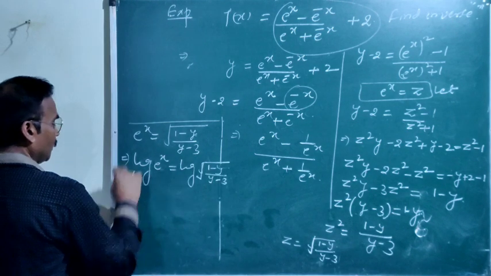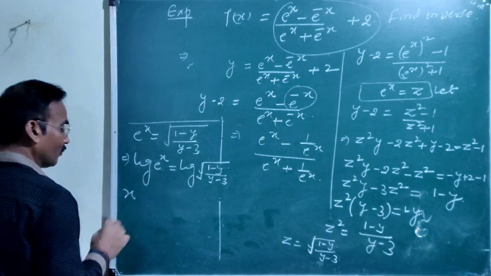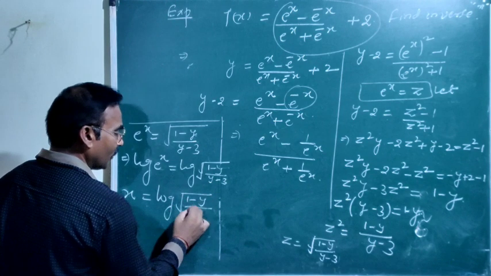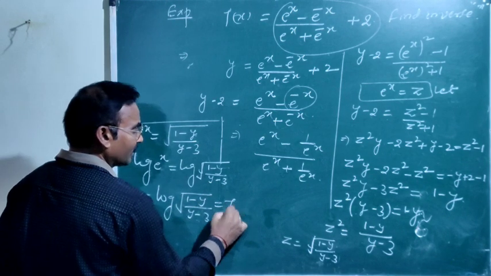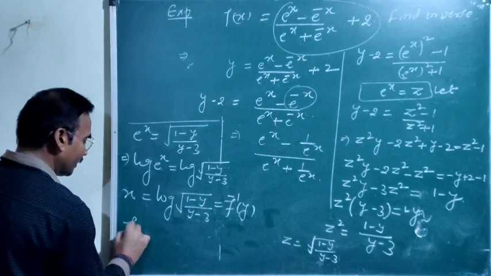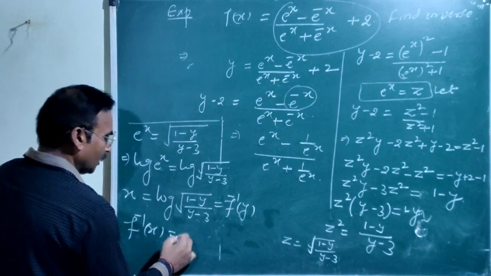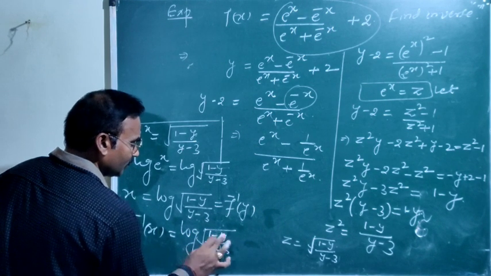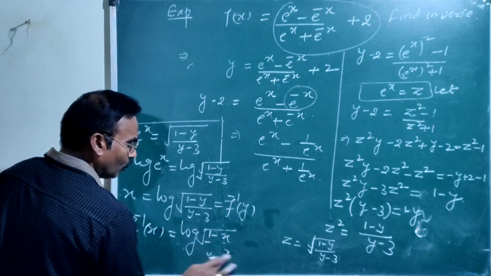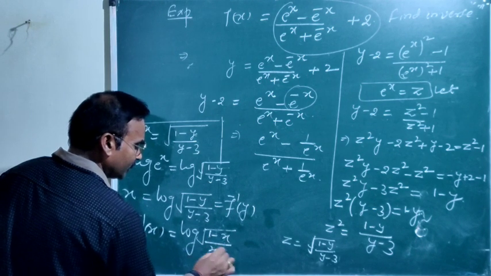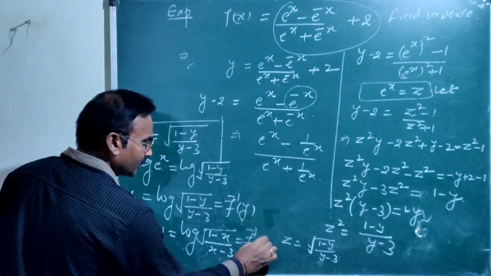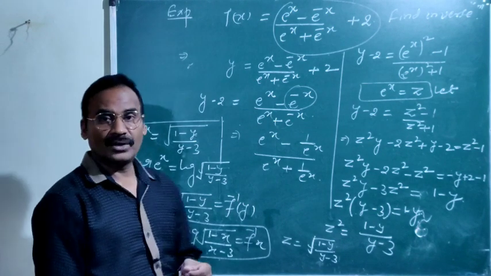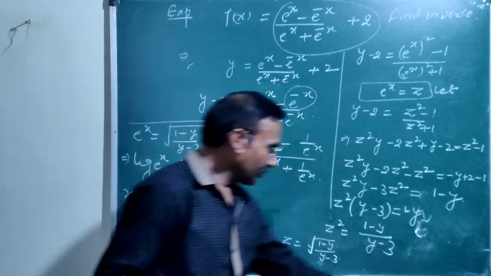Now log e is 1, so x equals log of root of (1 minus y) by (y minus 3). This is f inverse of y. So f inverse of x is log root of (1 minus x) divided by (x minus 3). This is f inverse of x. So in such a manner you can find the inverse of the function.